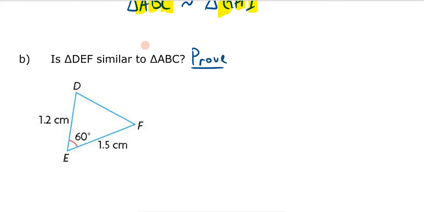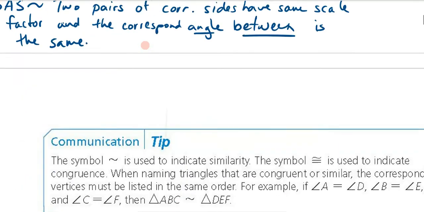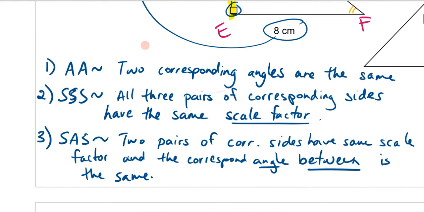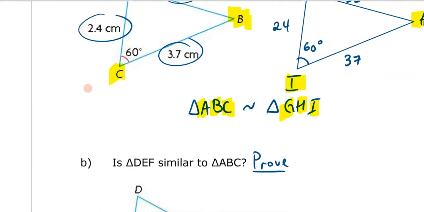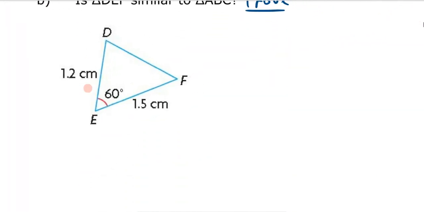Okay, so how do I prove? Well, one of 3 methods. Check 2 angles, check 3 sides, check 2 sides and the angle between them. So if I look at my triangle, I have a side, and an angle between them. Okay, so this will work.